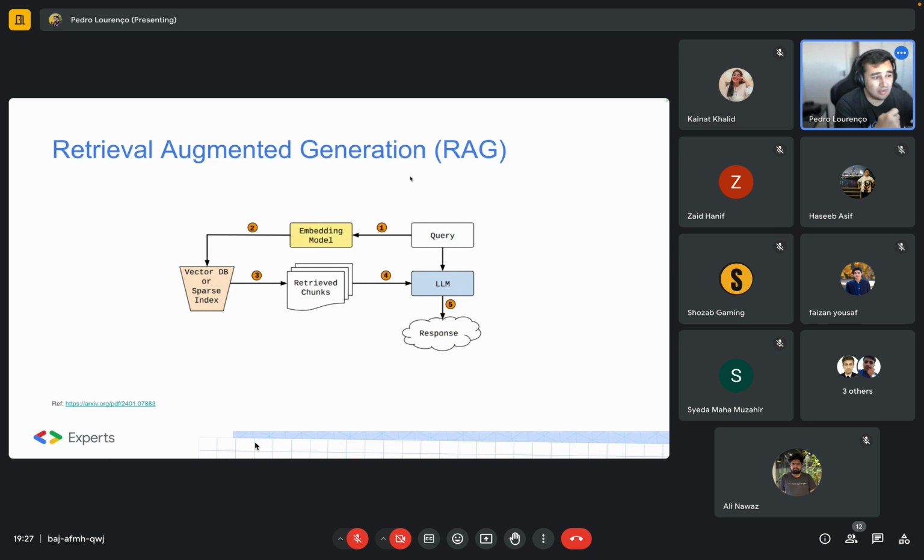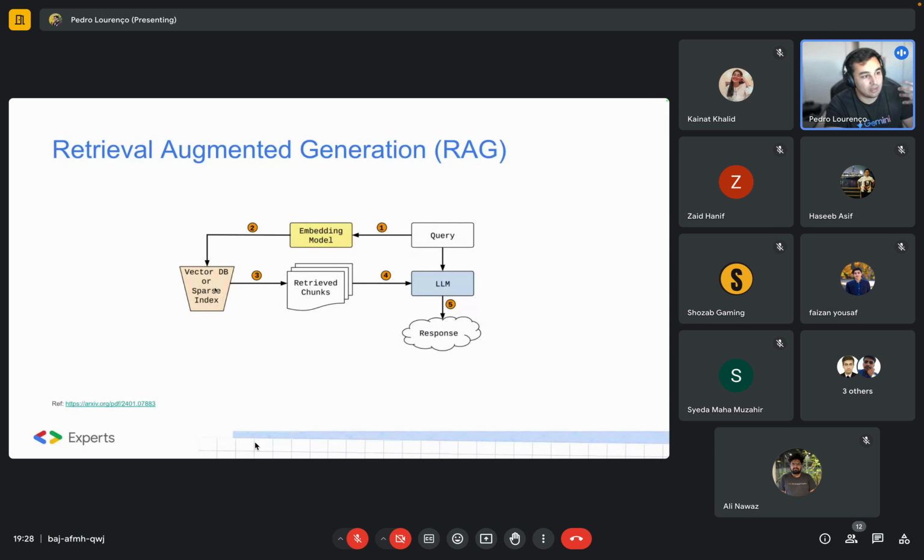Basically, you need to have all your documents indexed into a vector database. By indexed, I mean you get all these documents and transform them into vectors, so you can search. So given a question, you can search which document has the higher chance of answering this question. The vector database is where you save these vectors.